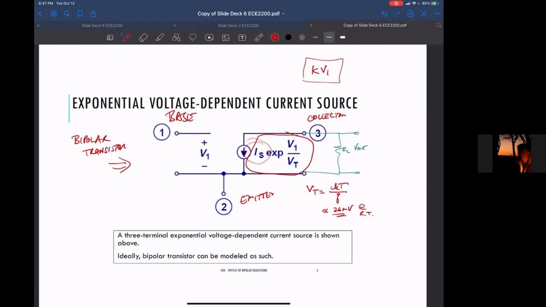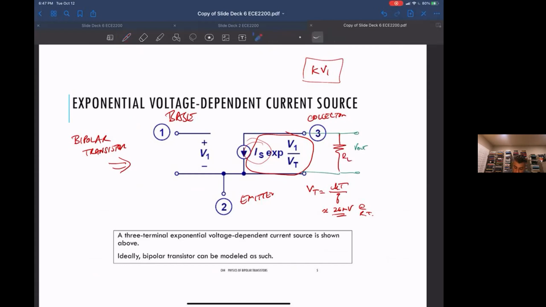So if you don't add RL, you just end up with a current coming out of this node. But you want a voltage gain. So to get a voltage gain, you have to transform that signal from a current to a voltage. And an easy way to do that is just putting a resistor here.